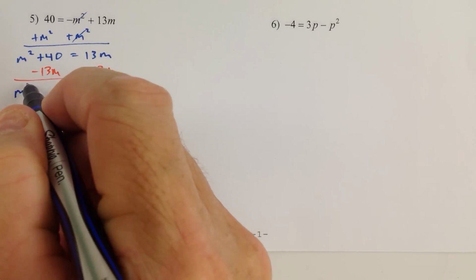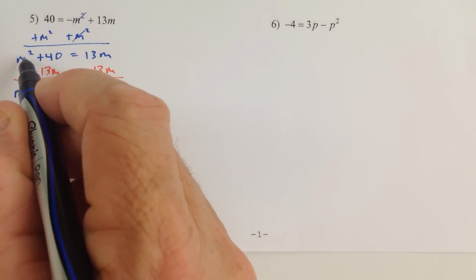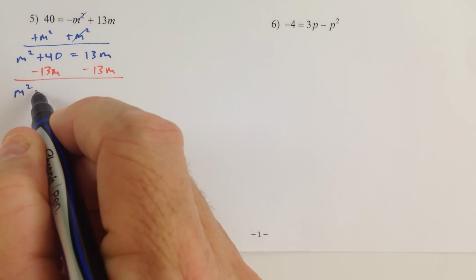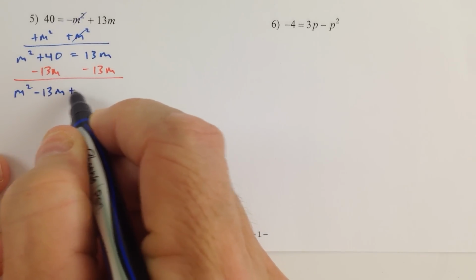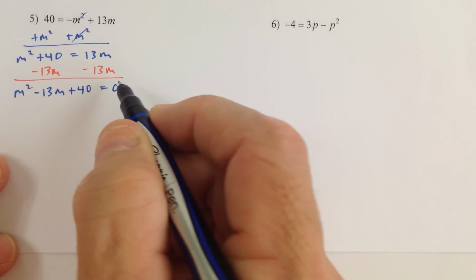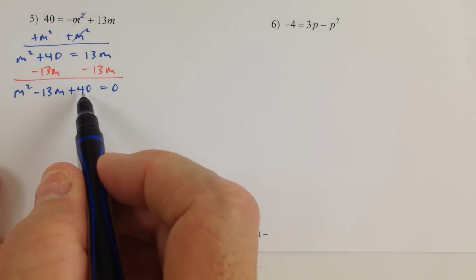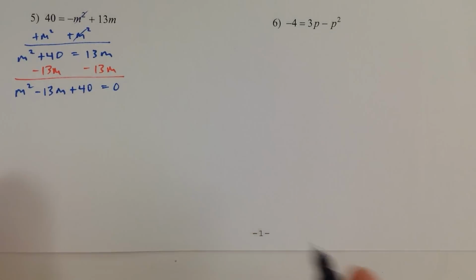And again, writing the terms in order of descending powers of m. So m to the second, m to the first, which is -13m, and then the constant term gives us plus 40 equals 0. So now we have the quadratic equals 0. And now we can go ahead and proceed the way we've done before.